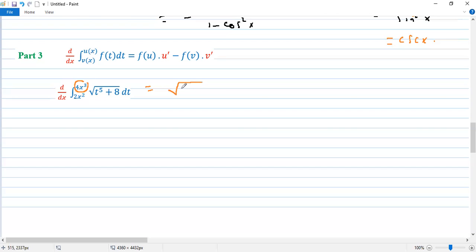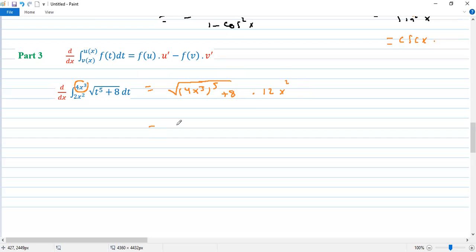So here I have 4x cubed to the power 5, plus 8. Okay, the first one. This is f of u. What is the u? 4x cubed, times u prime, which is 12x squared. This is the first one.